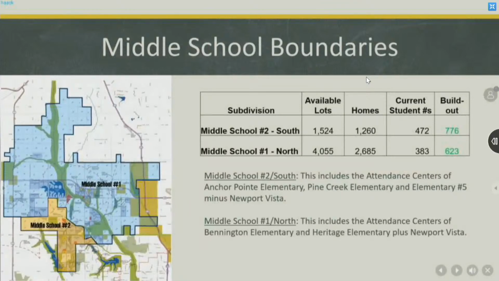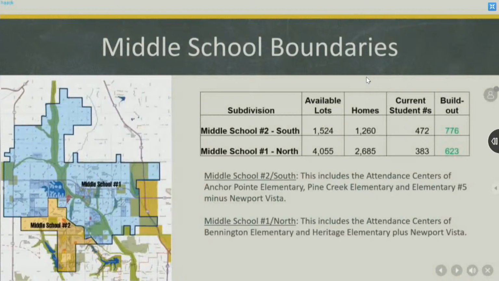And why are we saying minus Newport Vista? Because Newport Vista is right across the street. There will be stoplights at Daniels and 168 to help with pedestrian and traffic coming across to elementary or middle school north or middle school number 1.